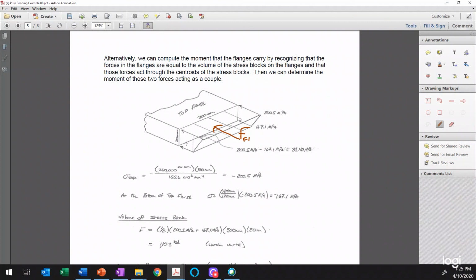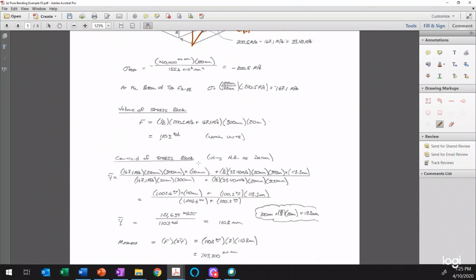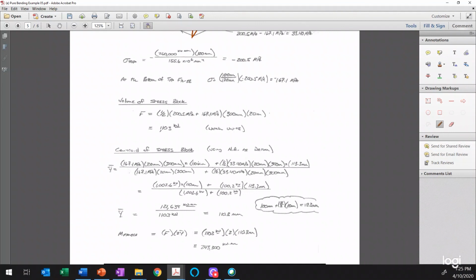Because there's this triangle contribution here, the centroid is just a little bit higher than the center of that flange. So when you look through these calculations, you can see how I've calculated that centroid and then figured out where that force acts, and then I take that moment. So take some time and work through that on your own, and you'll be a better person in the end. All right, I hope that this all helps.